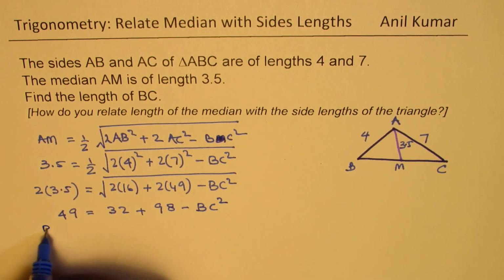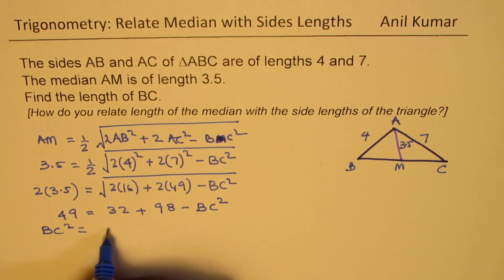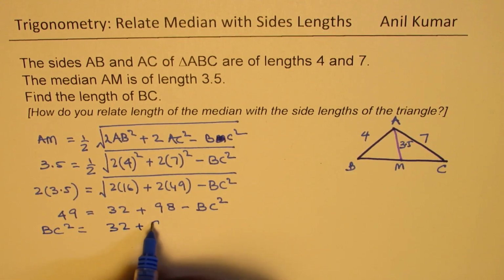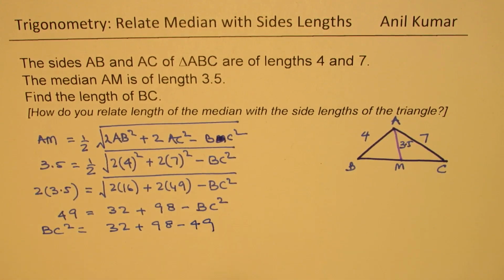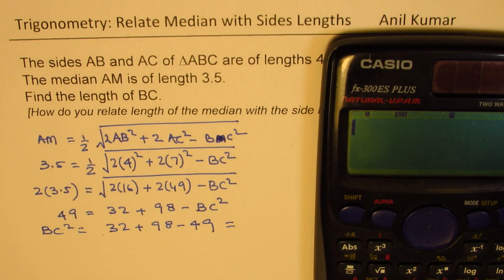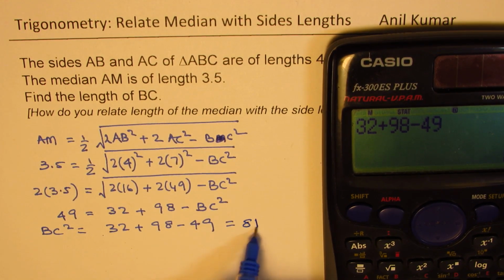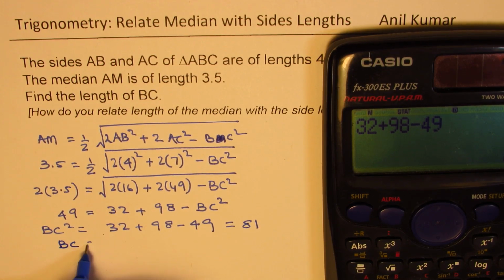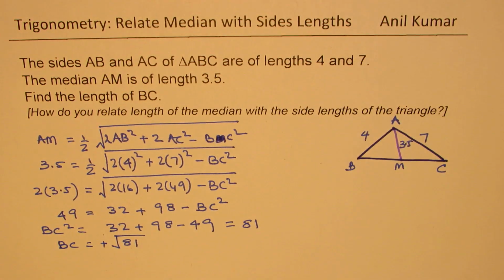Now bringing BC square to the left side, we get 32 plus 98 minus 49, which, let's use a calculator, is equal to 81, right? So BC is the square root of 81. Since it is a length, it is always positive, and BC should be 9.